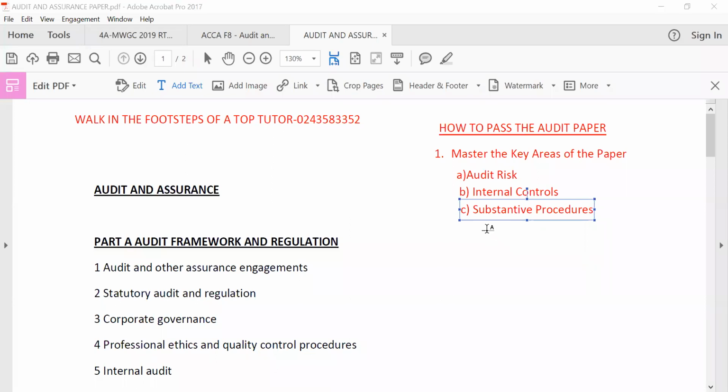Now over here, we are supposed to base on test of controls. Let me just look at also audit procedures and audit evidence.